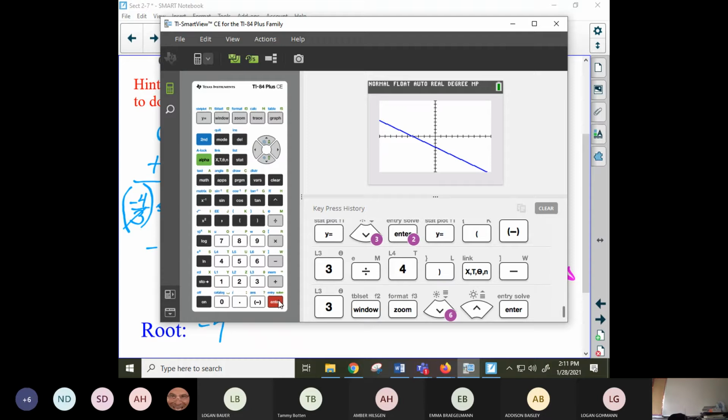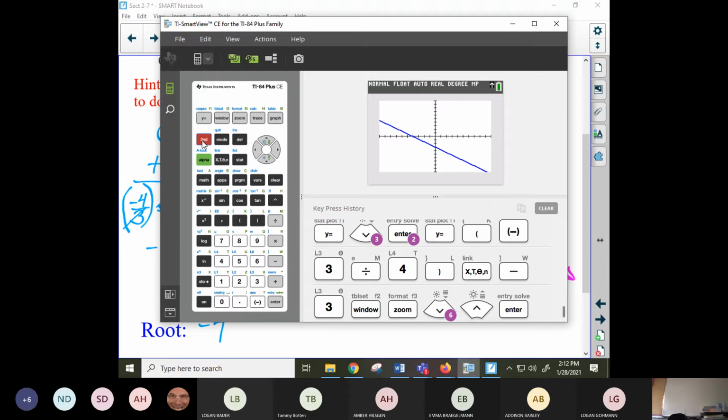Okay, now what we want on this graph is just, what is this point right here where it crosses the x-axis? And you can look at that and you can probably tell, but we should make sure that it's at exactly -4. So here's what I do. I have to use this trace key, and you have to do second trace.